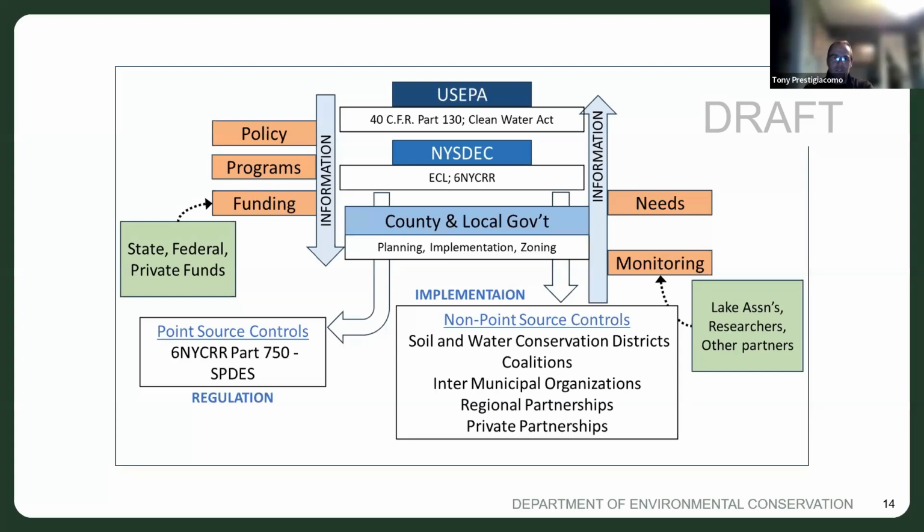And then in terms of implementing non-point source controls, that happens at the local level with soil and water conservation districts, coalitions, NGOs, regional and private partnerships, sometimes with private funding, sometimes with state and federal funds. And then regulating point sources is done by the DEC through our New York Code of Rules and Regulations, SPDES program, and then enforcement of water quality standards.